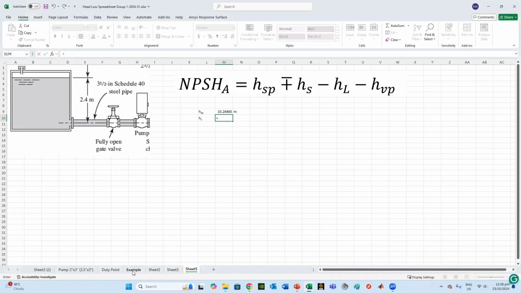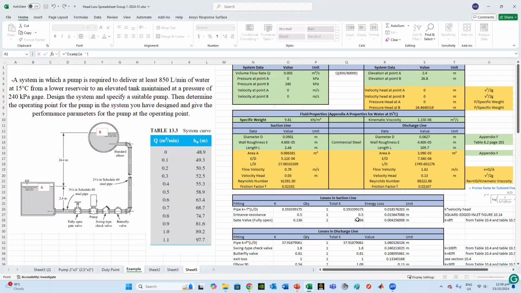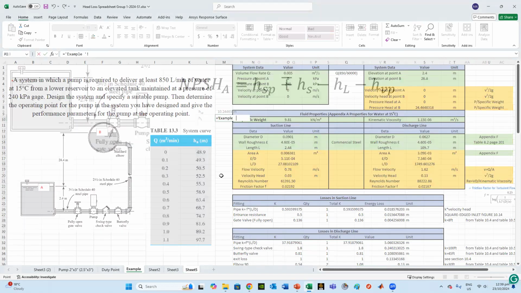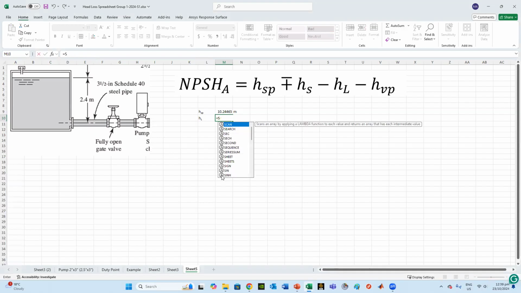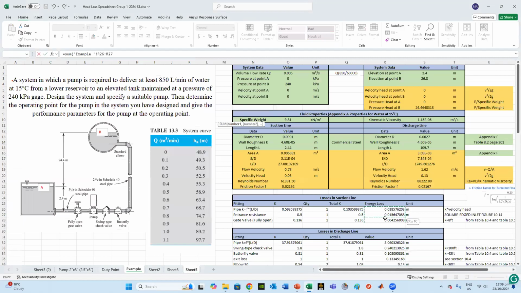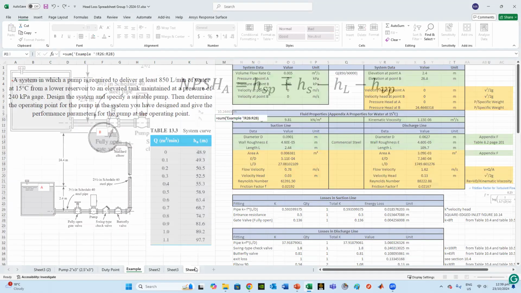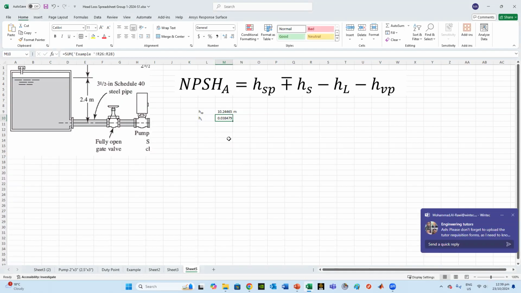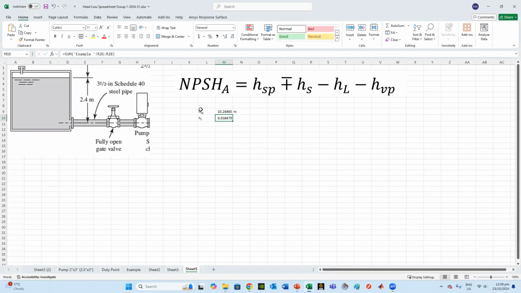So we go to the example we calculated, and technically H losses is this one. So I could come back here and say sum equals, and I go to the example. These are the energy losses we calculated, and close the brackets, and you get that value. And that way you can find it.